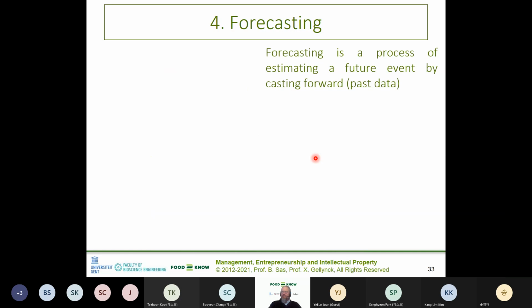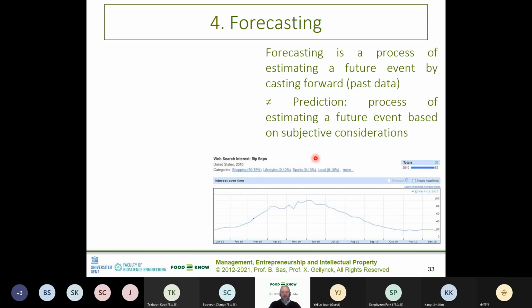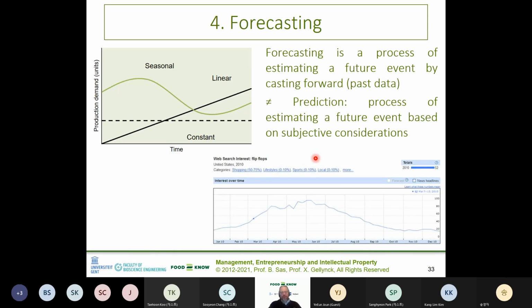It's not guessing and predicting, but it's casting forward past data to see what products in what volumes need to be produced in the coming months or the following years. For that, you also have to take into account that for some products and services, you have a constant demand and a constant follow-up by production.